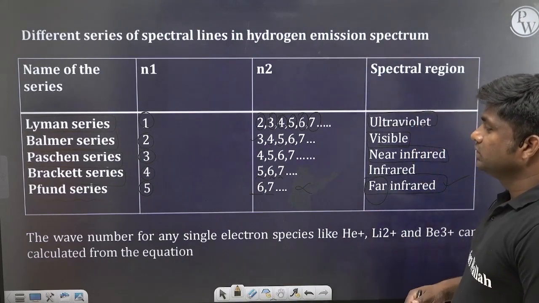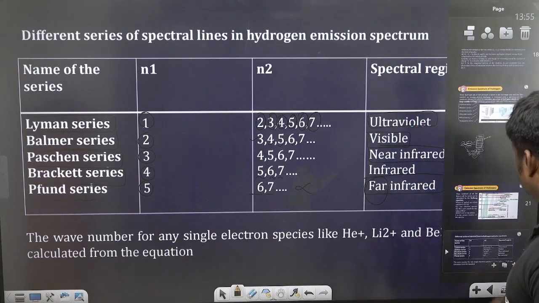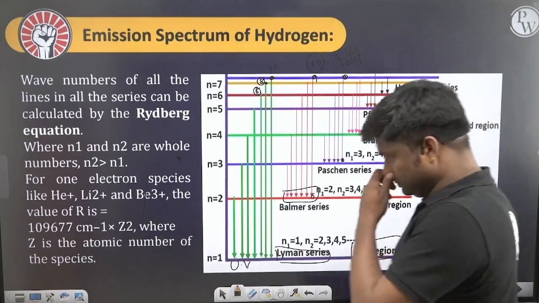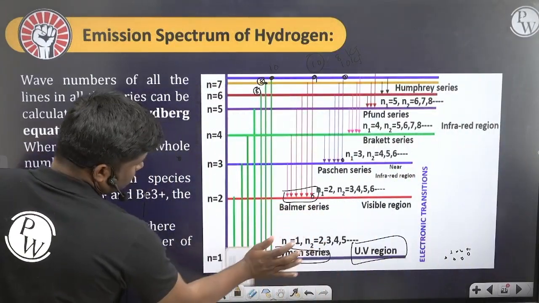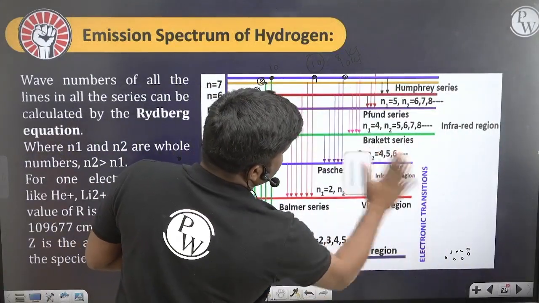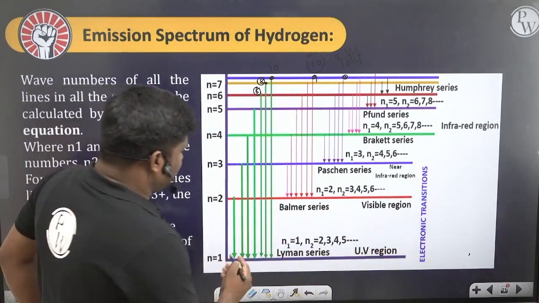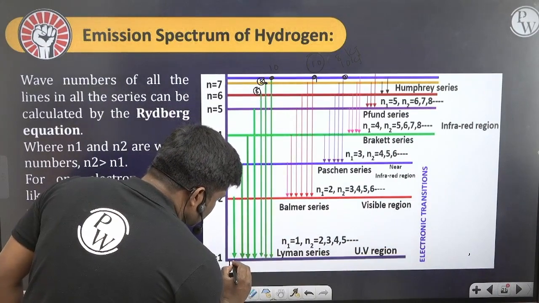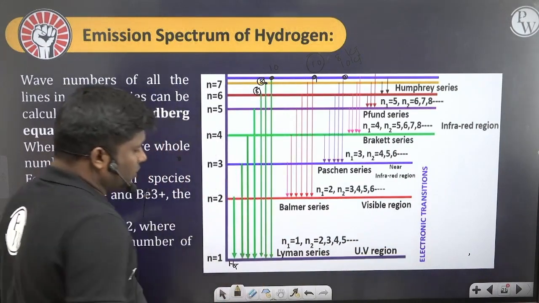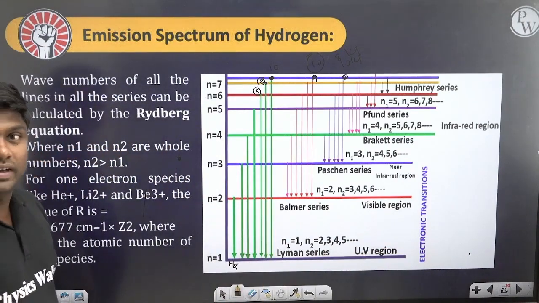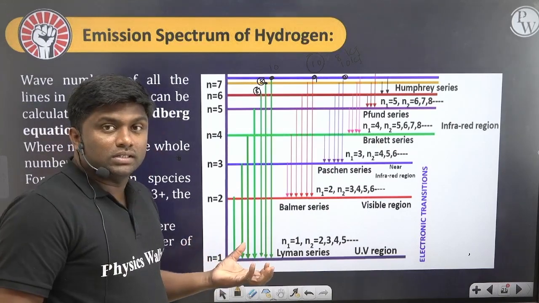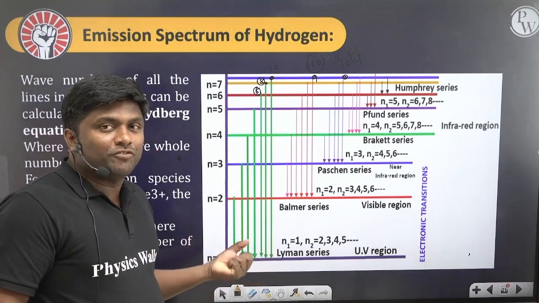Okay. So now see carefully. So this is the very first line, H alpha line we are calling. In any series, the very first line means the electron is coming from the very lower orbit.